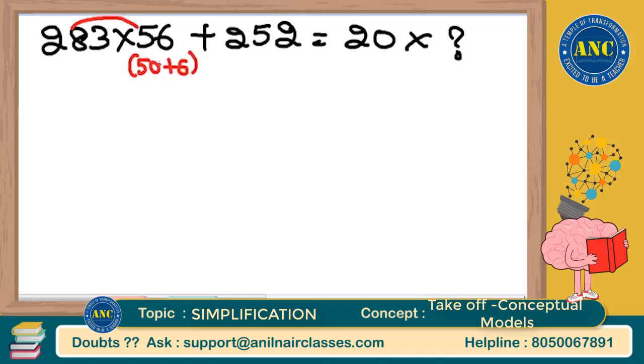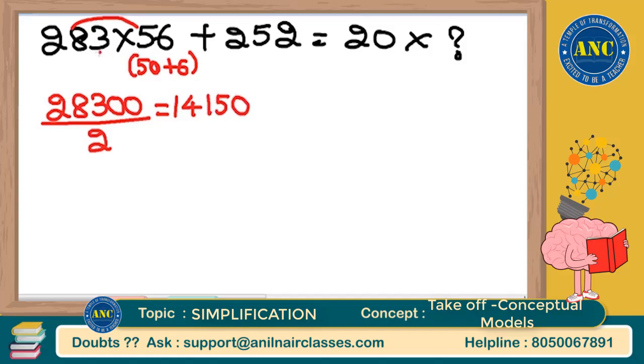But I don't like to multiply with 50, I like to multiply with 100. So 283 into 100 is 28300, and then I will divide by 2. 28 by 2 is 14, 300 by 2 is 150. It is 14150.